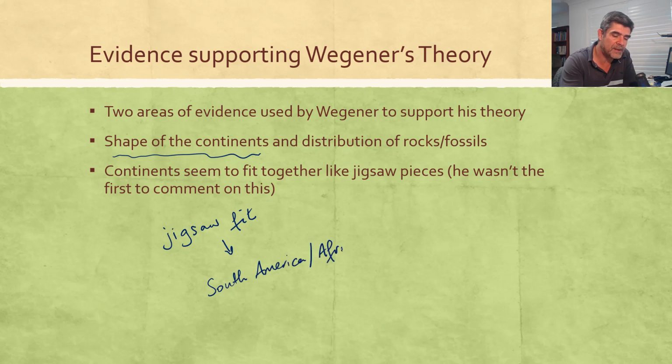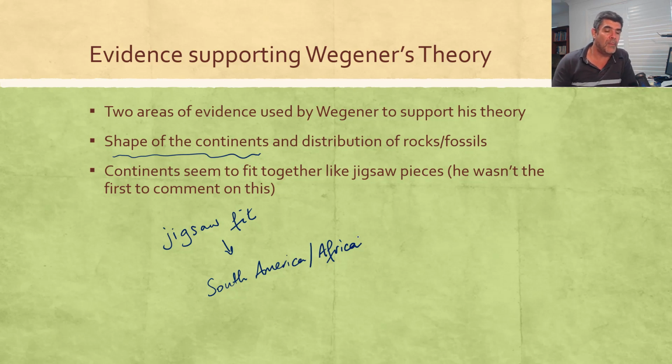And in a previous video, we looked at the supercontinent of Pangaea and the fact that those two continents in particular seem to have unusual shapes and yet seem to fit quite closely together. So that whole idea of the different variable shapes of the continents and the fact that they seem to sit nicely together was one little piece of evidence that Wegener used.